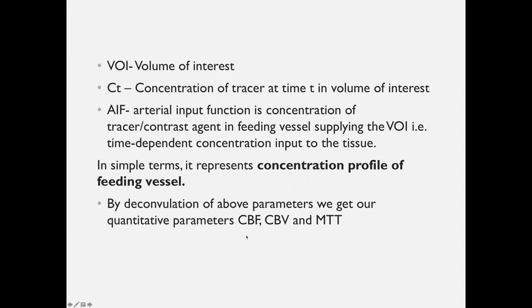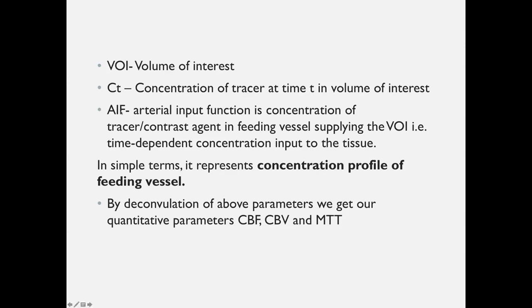So arterial input function can sound technically difficult, but it is not difficult. We are measuring a tracer or contrast agent in a feeding vessel, a major vessel supplying that region of interest. For example, I have a lesion in the right parieto-temporal location, and the MCA is a major artery supplying that region.